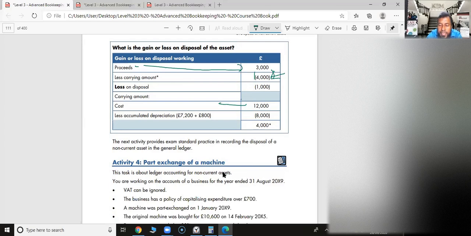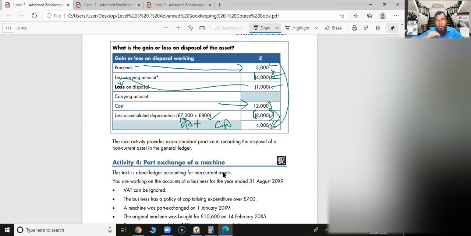Cost minus accumulated depreciation. Accumulated depreciation brought down is 7,200, and this year's 4 months depreciation is 800. Altogether, accumulated depreciation is 8,000. Taken away from the cost, your carrying amount is 4,000, but you sold it for 3,000. 1,000 is your loss on disposal.